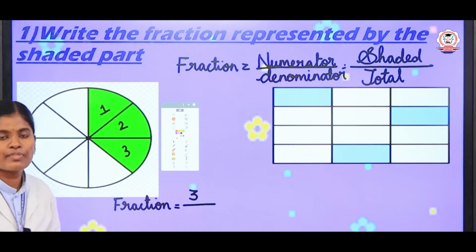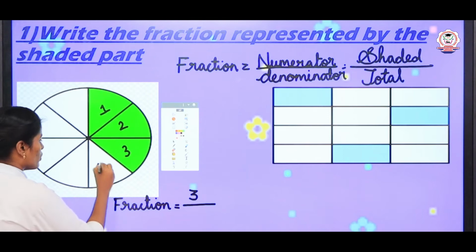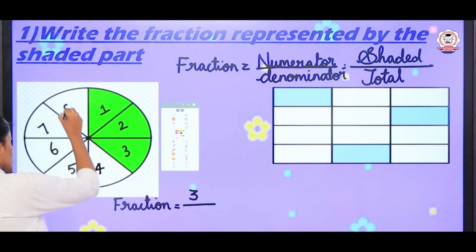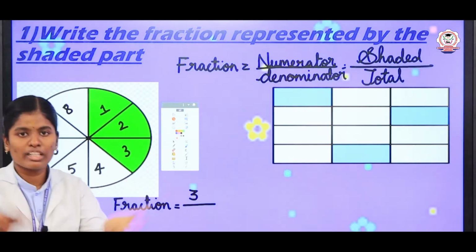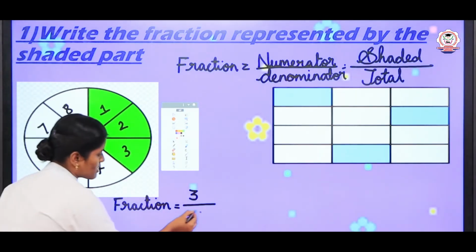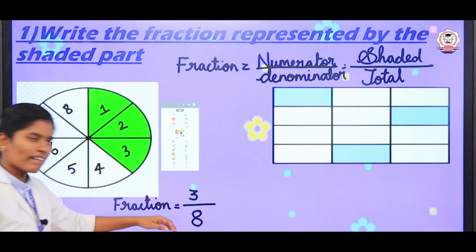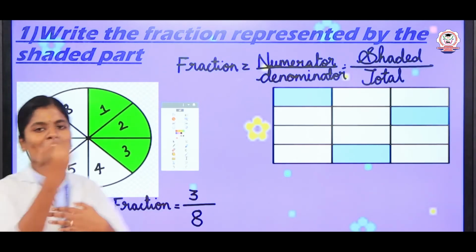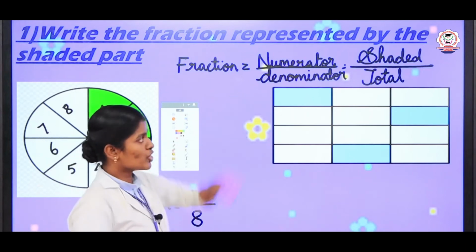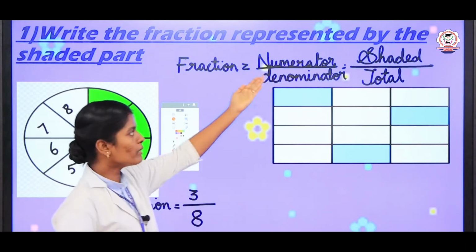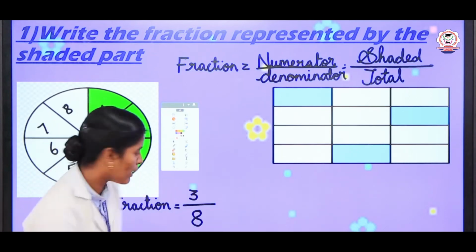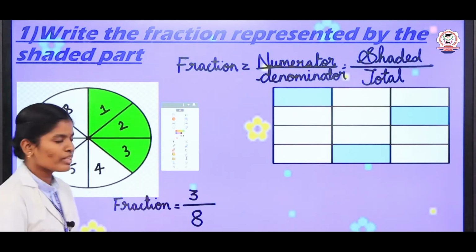Totally how many parts do we have? 3, 4, 5, 6, 7, 8. So the total is 8 parts. Here the fraction value is 3 by 8. Fraction means numerator divided by denominator, where the numerator is the shaded part and the denominator is the total parts. So the fraction equals 3 by 8.